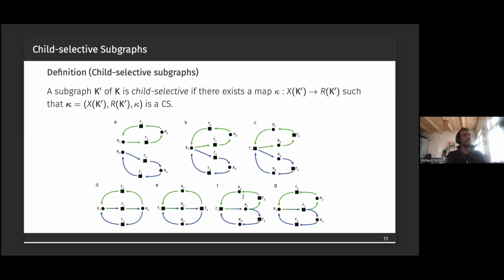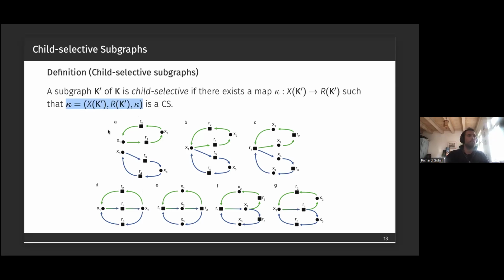We can take a subgraph of the Königs graph and ask, is this graph child selective? That means, does there exist a map from the subset of the species into the subset of the reactions such that this map is bijective and that this is also a child selection.